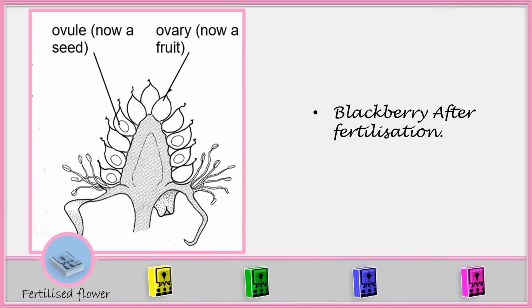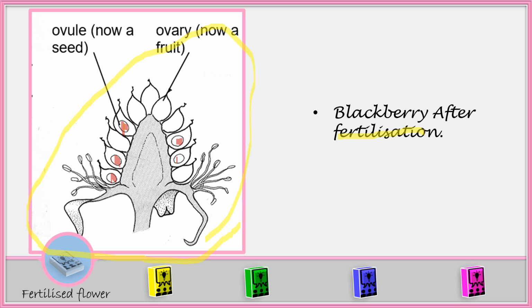This is our blackberry after fertilization. The ovules now have turned into seeds. These ones in the center have turned into seeds.